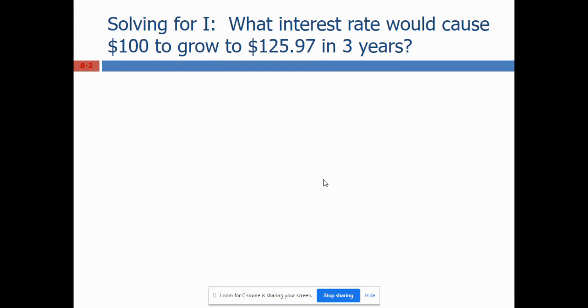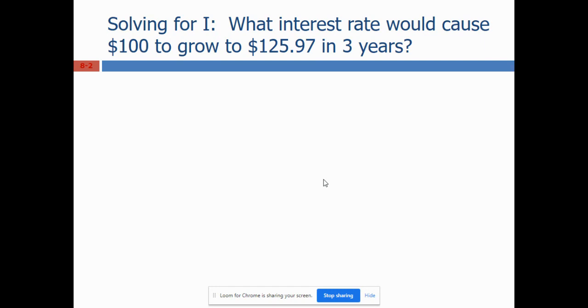So let's start with solving an example here. What interest rate would cause $100 to grow to 125.97 in 3 years' time? First you need to identify each value, what it stands for.